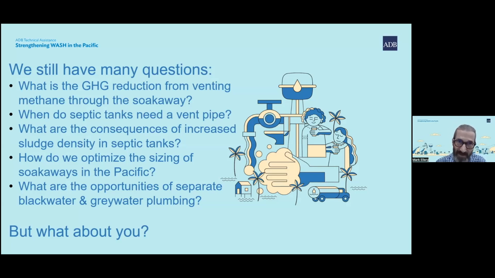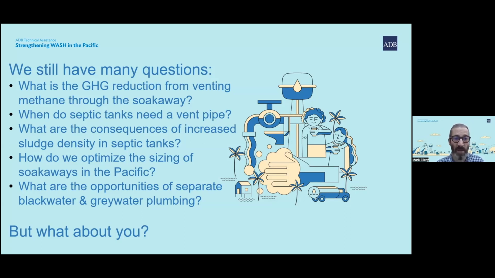Still, the sizing of soakaways, even as per the Australian standards or the British standards, is still an attempt to estimate where the biofilm is and to calculate based on the volume of flow through the biofilm. As a result, there are still lots of unknowns around the sizing of soakaways and areas where we would like to engage further in terms of actually understanding what's going on.